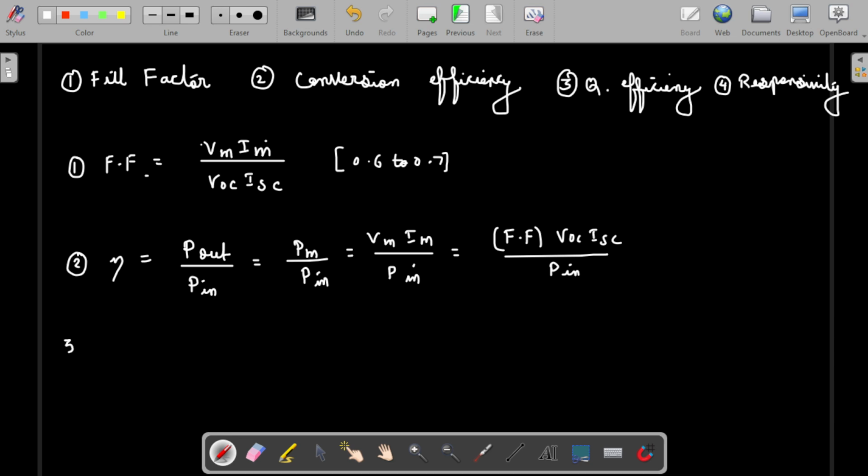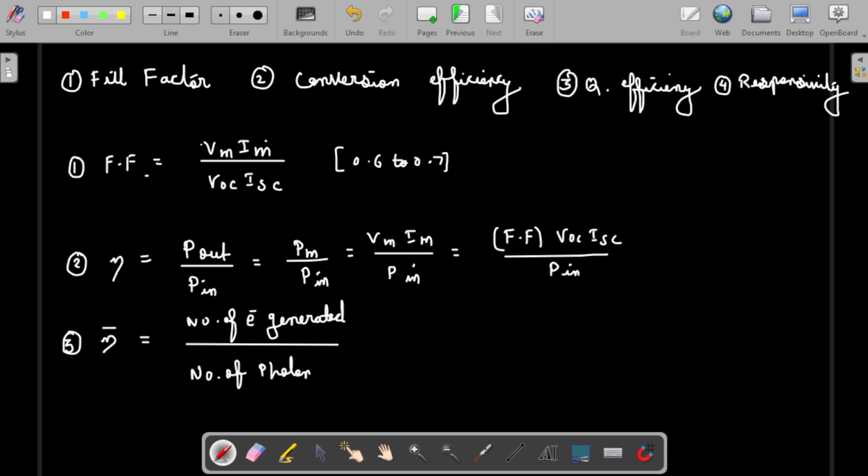The third thing is quantum efficiency, which is represented by eta bar. It is the number of electrons generated to that of the number of photons incident. So this is the quantum efficiency, used to find out the incident. Okay, so this is the theoretical idea.